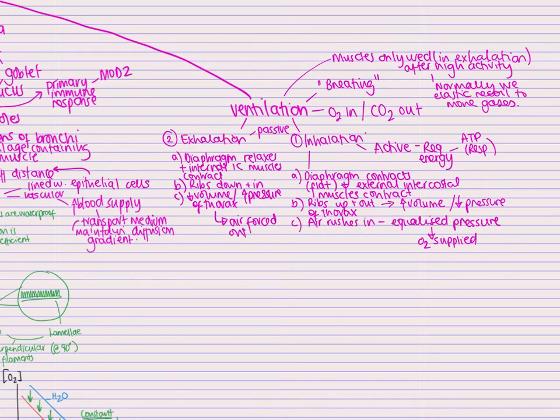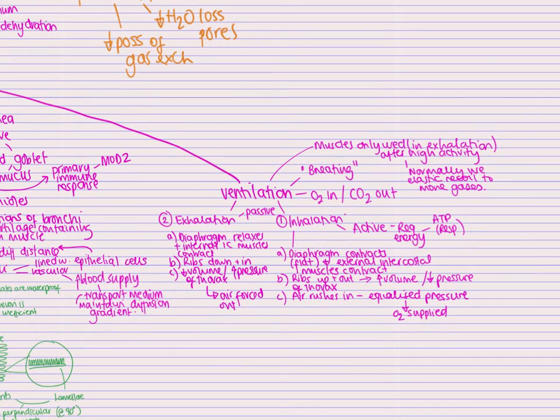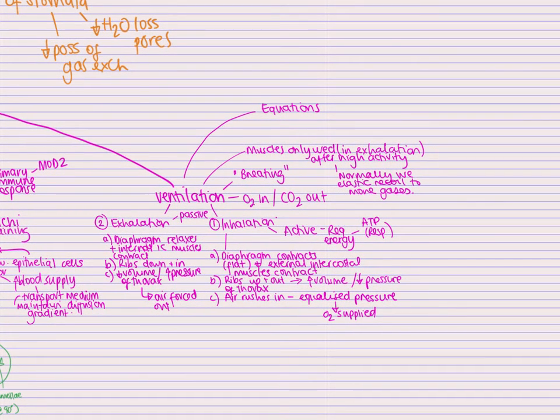A few other things related to ventilation that are important before we look at the transport of oxygen are a couple of equations, and we know it's super annoying when biology mixes with maths, but here we are. So we've got the first equation, the pulmonary ventilation rate, or PVR.